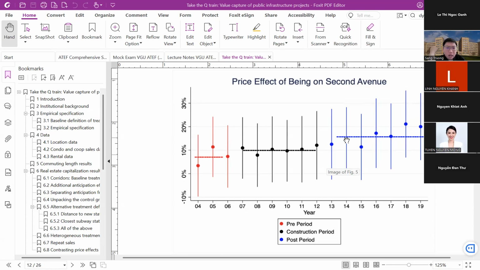Why is this? Because actually from year 13 to 15, the effect is not significant yet, right? The confidence interval is still not statistically significant, right? But only from year 16 do the effects increase, right?